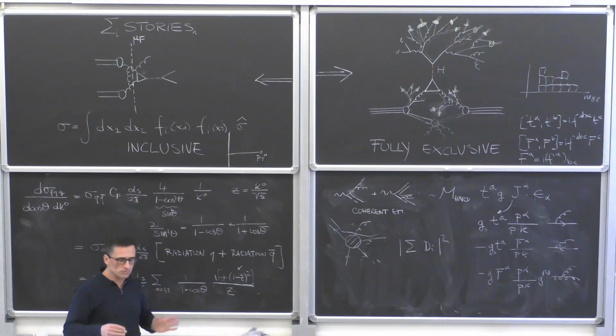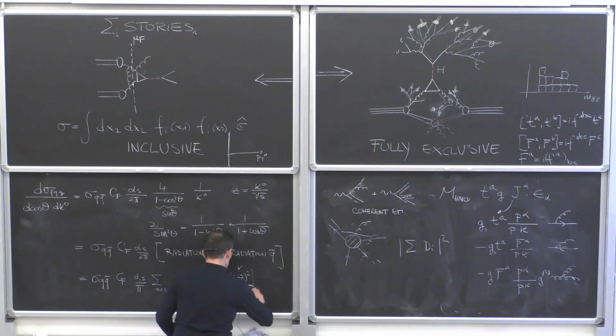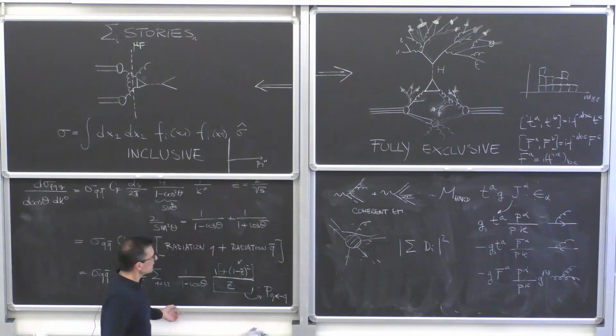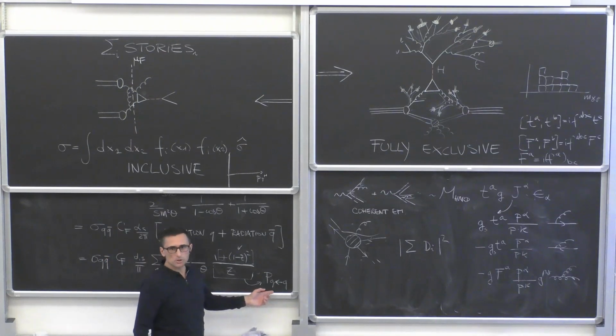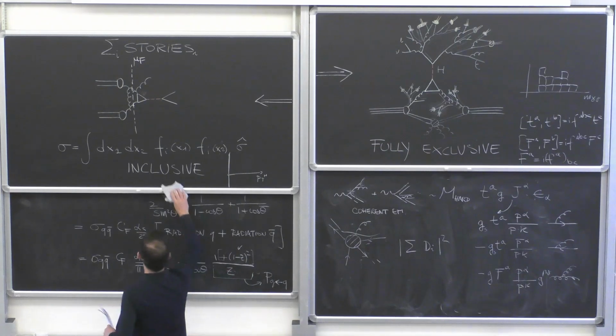But if I don't make the soft approximation, I also get a polynomial in the numerator. And then I call this object P_GQ. Let me put an arrow to remind you that all the splitting functions you have to read the other way around, so when I talk about P_GQ, it's actually a Q emitting a G. That's what it is.